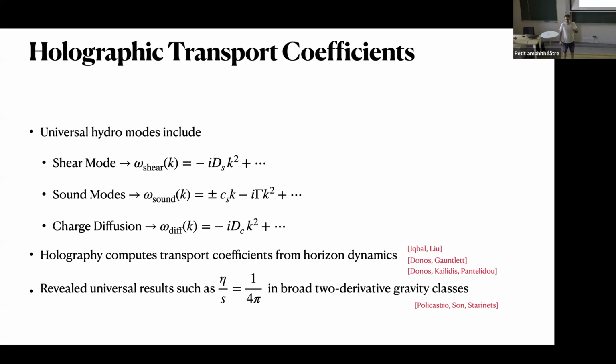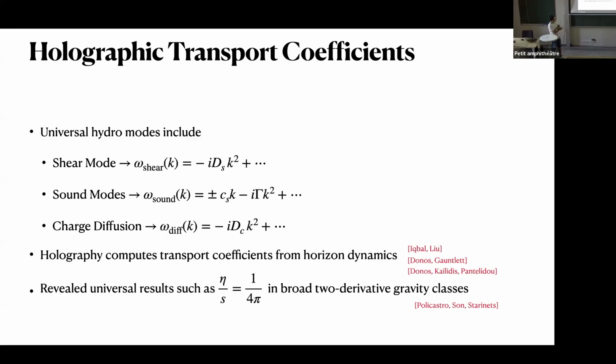You take your thermal state, you look at the black hole horizon, at the values of your scalar fields and everything, and you can write shear viscosity, bulk viscosity, conductivities, anything you can think of in terms of data that you have from your horizon.